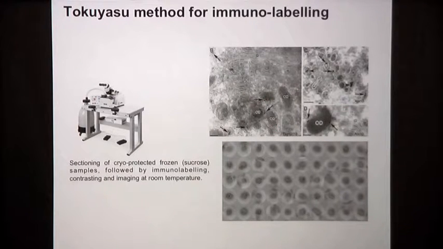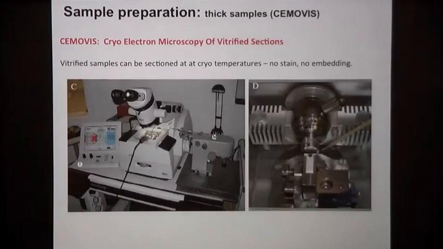So there is a method by which we can section our samples at cryo temperatures and add a cryoprotectant, thaw it to room temperature, and then add an antibody which recognizes our protein. And this antibody is coupled with a gold nanoparticle, which allows us to localize where our protein is. And then after that, we can add a contrasting agent, followed by embedding and imaging at room temperature. So that's just an aside.